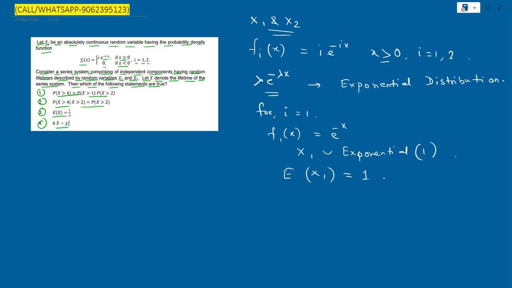Now, for i equal to 2, f_2(x) is 2 into e to the power minus 2x, so X2 is exponential with rate 2.